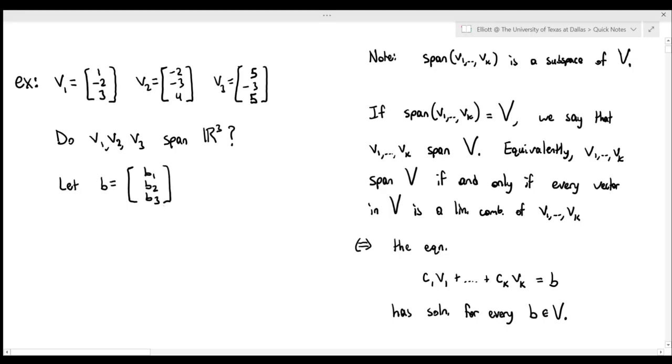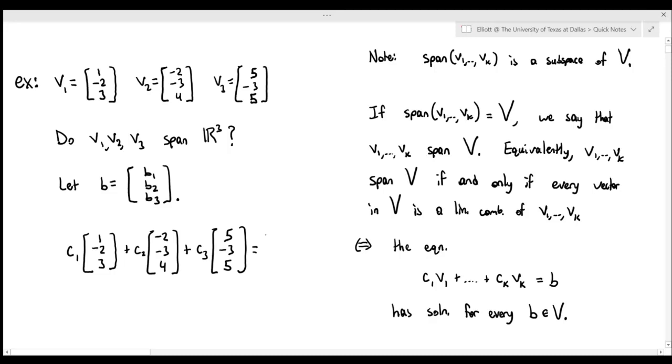So let's say here's our vector B. I'm going to set up this equation: C1 times V1 plus C2 times V2 plus C3 times V3, and we'll set it equal to the vector B.